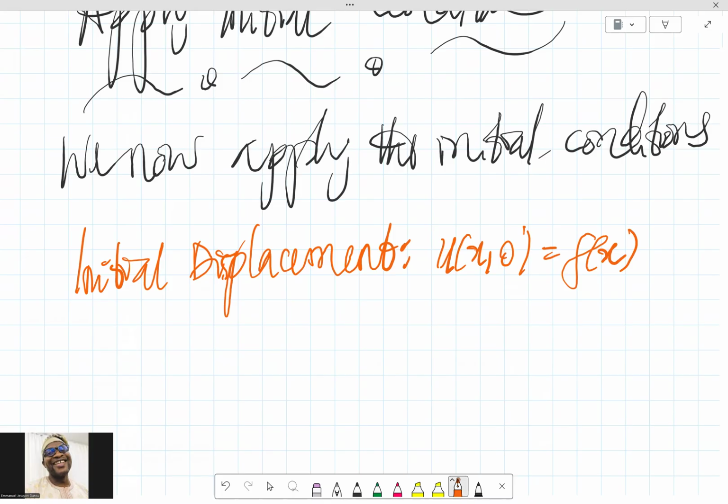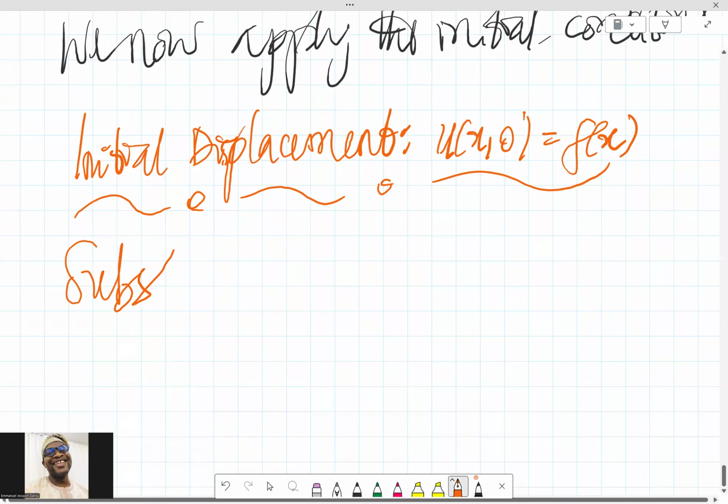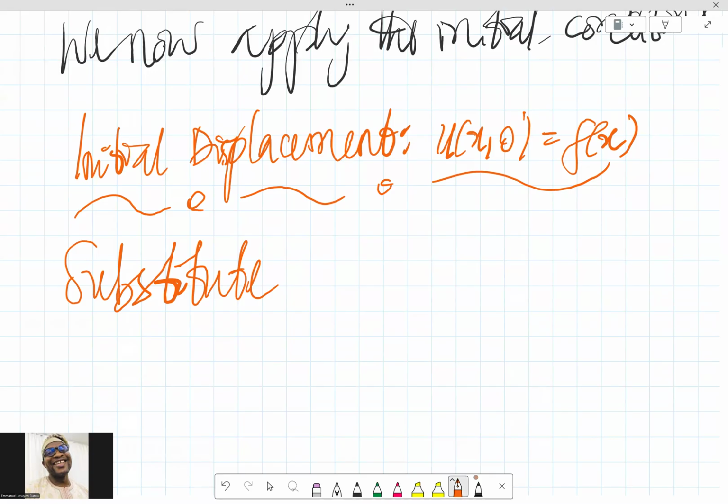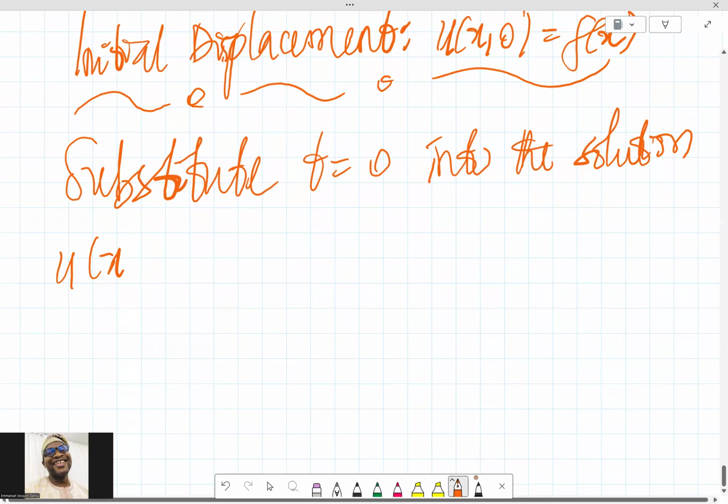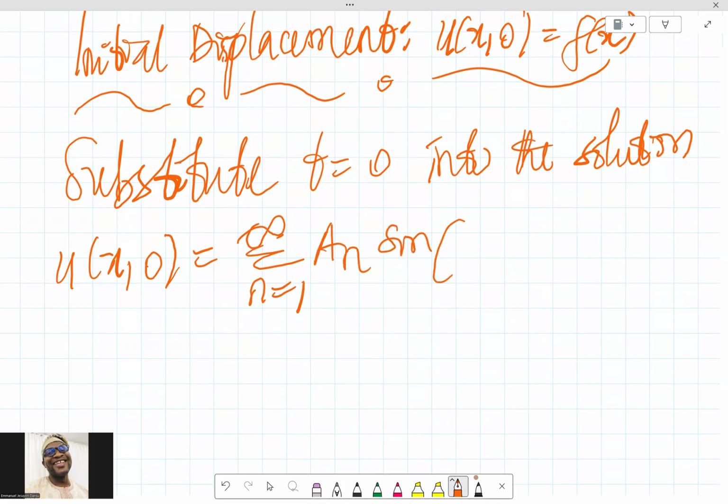So if you substitute t equals 0 into the solution, we have u(x,0) equals summation from n equals 1 to infinity of a_n sin(n pi over L x).